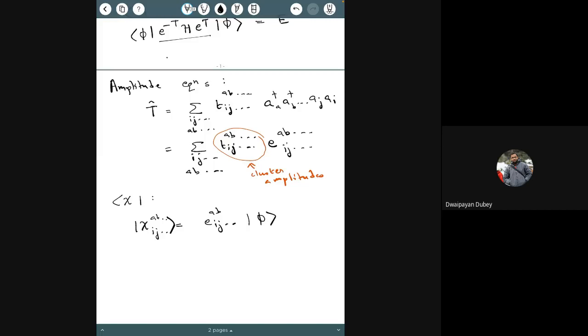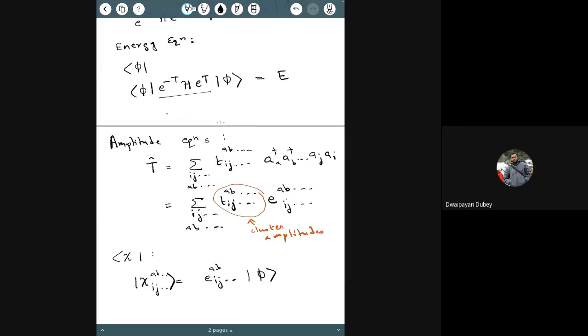And depending upon what sort of truncated scheme you are doing, so the exponential is an infinite series, you have to choose the rank of excited determinants that you want to include. So the most common one being singly and doubly excited determinants.